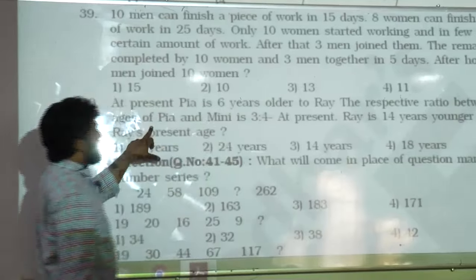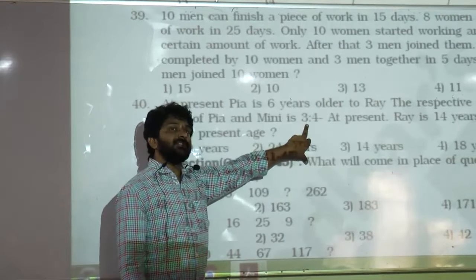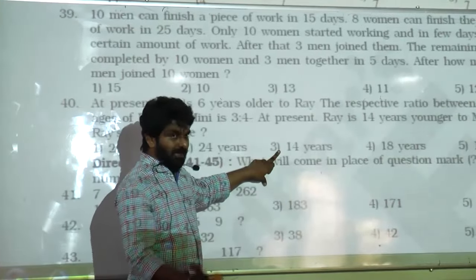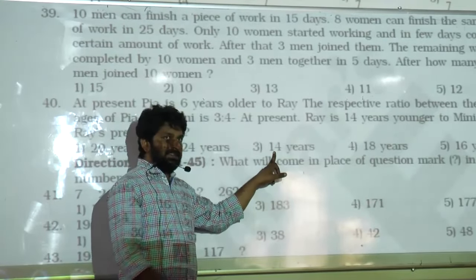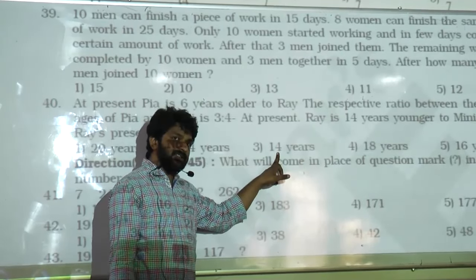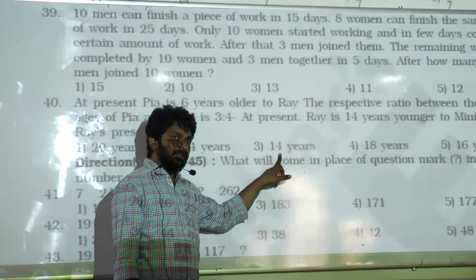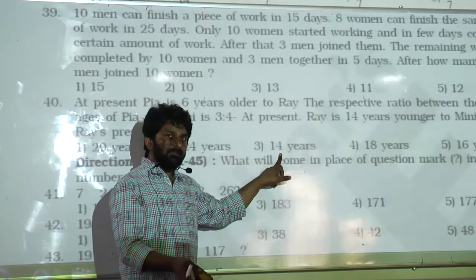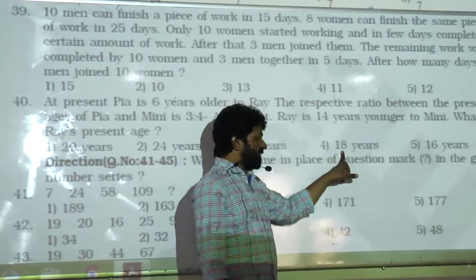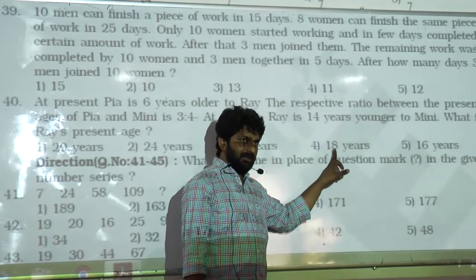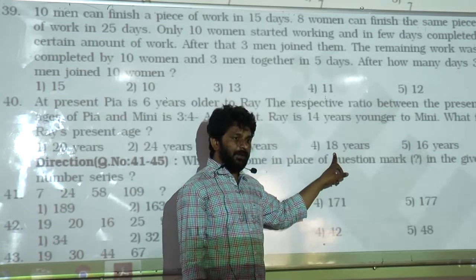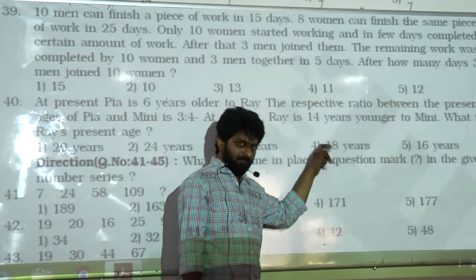And from this, what is Pi's age? 3 parts, so it should be a multiple of 3. And we have decided the answer is either 14 or 18. Add 6 years to 14. 20. Is 20 a multiple of 3? This cannot be your answer. Add 6 years to 18. 24. Is 24 a multiple of 3? This is the final answer.